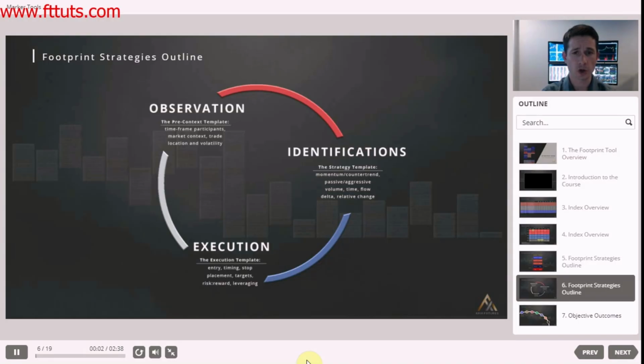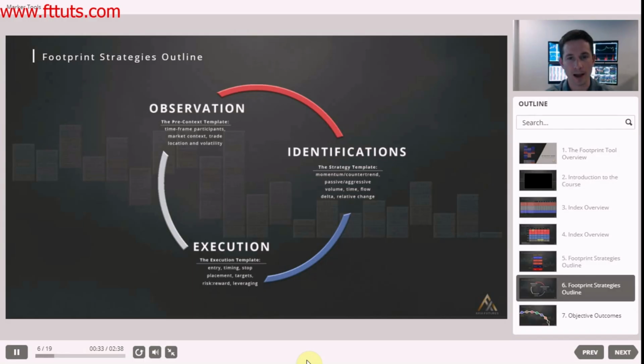So now that you know what the 10 strategies are that we're going to cover throughout the Footprint course, I'm going to give you a little idea of what you can expect to see within each one of those strategy units, 6 to 15. What I've found through experience with mentoring a lot of younger traders is they have all the energy and all the willpower to want to succeed, but they never have a very strong, disciplined, routine approach to analyzing and templating the markets.